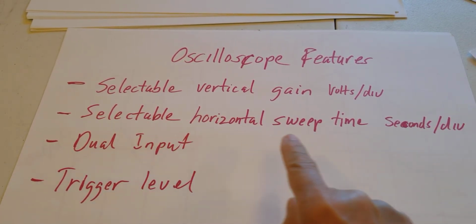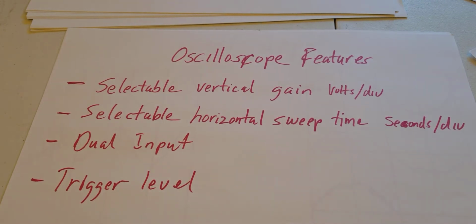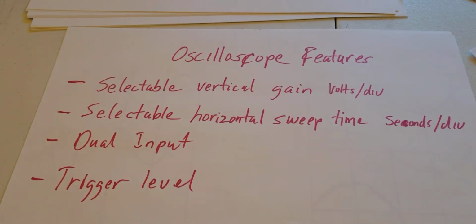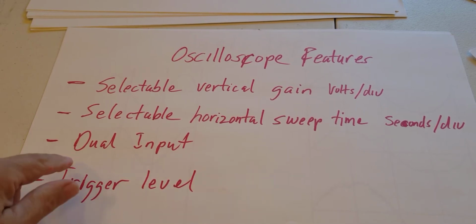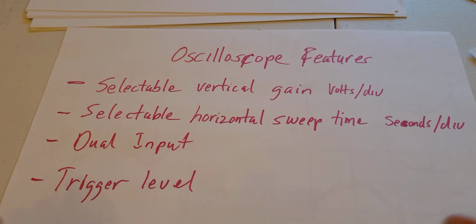That slow part, that's the sweep time, and you have several selections so that you can measure a large variety of sweeps. And then many of them, or I would say any of them in a laboratory setting, come with a dual input, meaning that you can actually measure two voltage signals simultaneously and see them both on the screen simultaneously, and I'll explain why that's important.